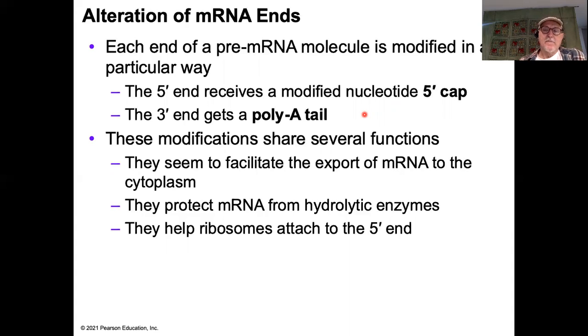It's difficult to work out exactly why this has to happen, but it seems largely to do with marking this messenger RNA for translation. There are many RNA molecules present in the cell, and this may be a way of identifying this one as special, as messenger RNA, which needs to be translated.